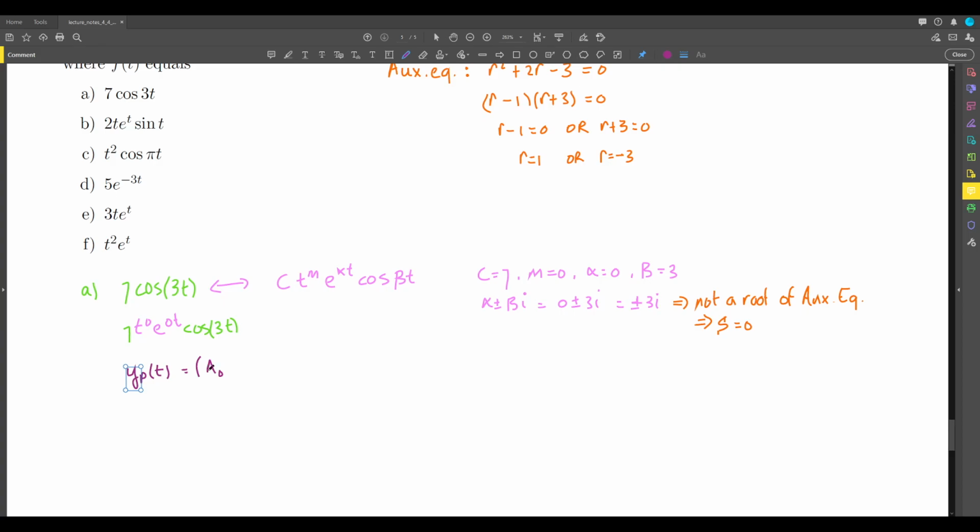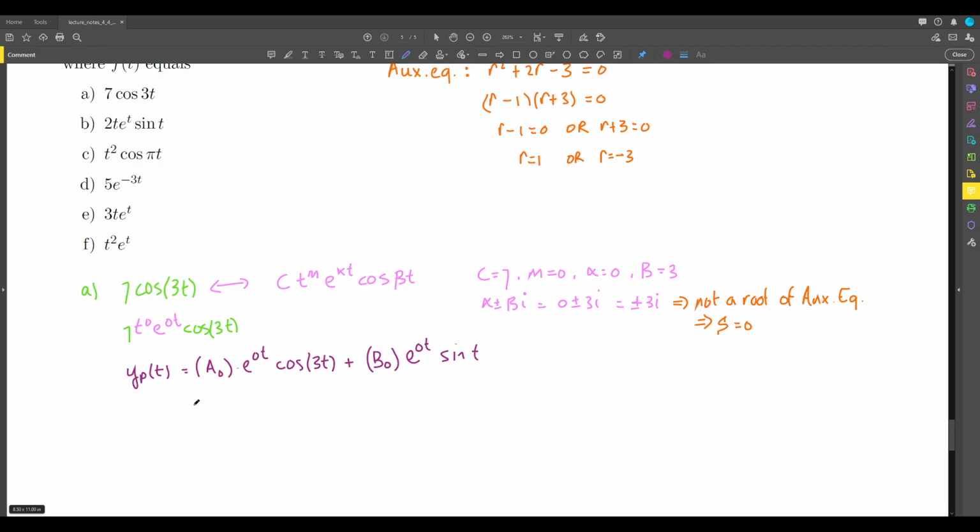Because our polynomial only has one term, times e to the power 0t times cosine 3t, plus the polynomial with the b's as the coefficients, that's also just going to be a b naught times e to the power 0t sine 3t.